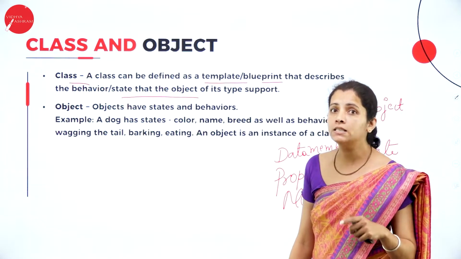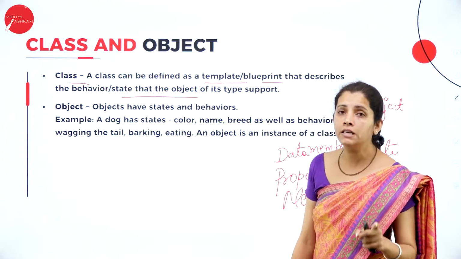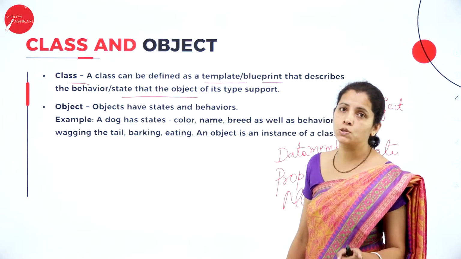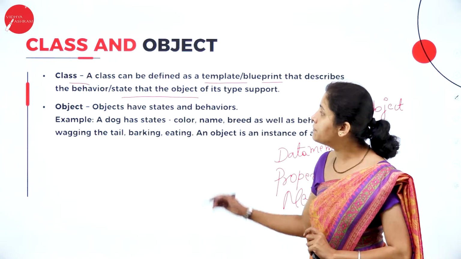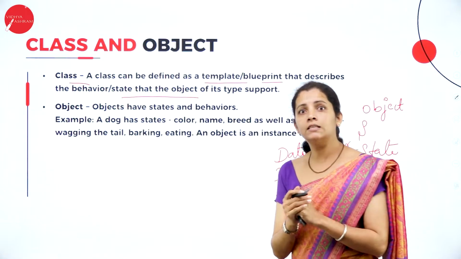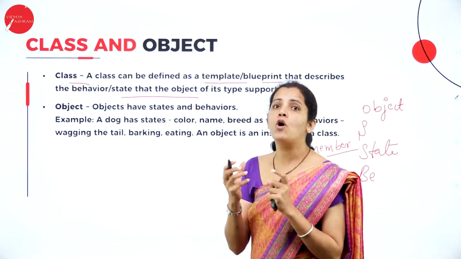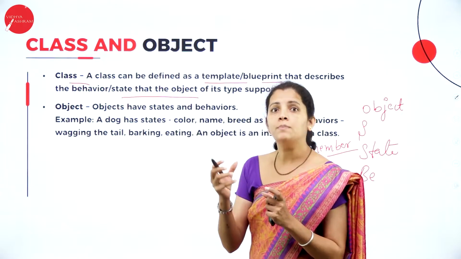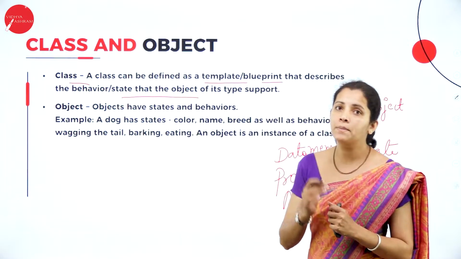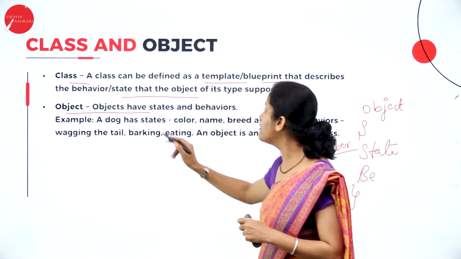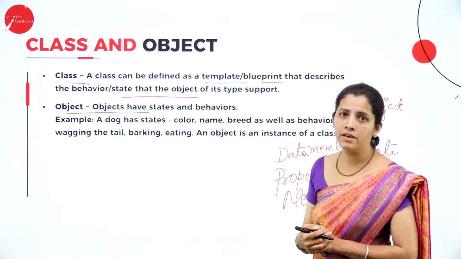So what is an object? Here an object is nothing but a real world entity, which has state as well as behavior. But what is a class here? That is nothing but a group of objects which have similar or the same kind of properties. So an object has state and behavior.